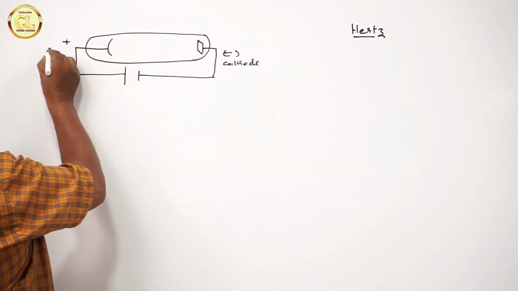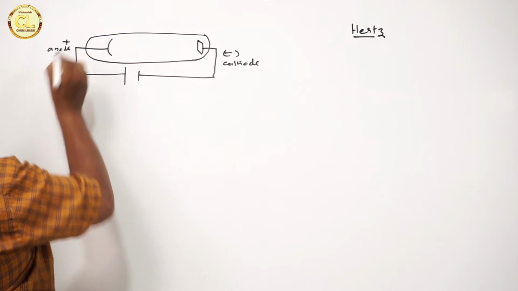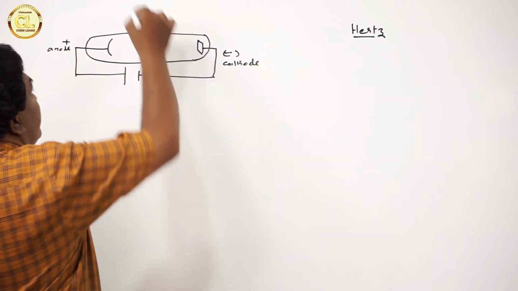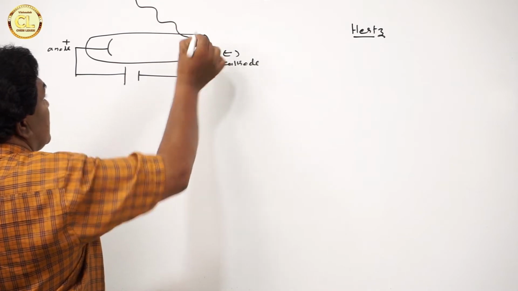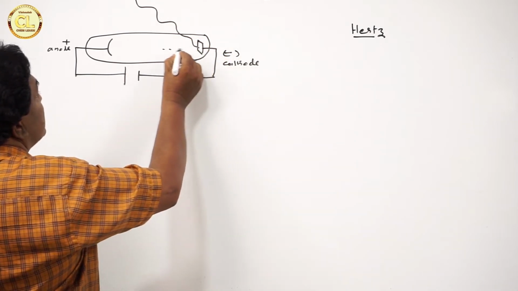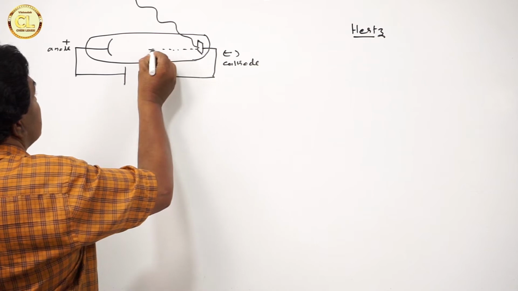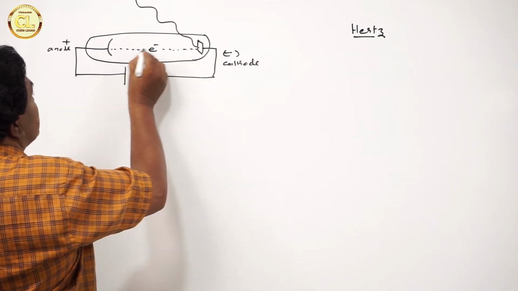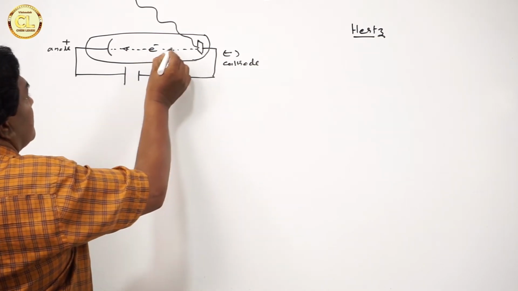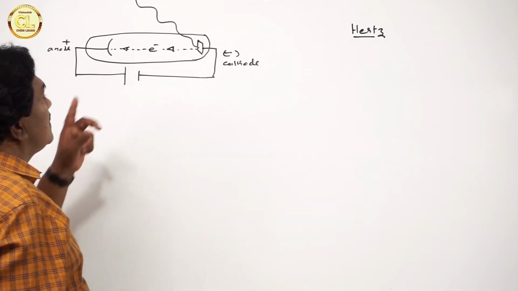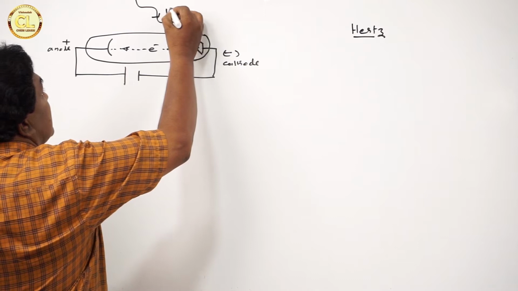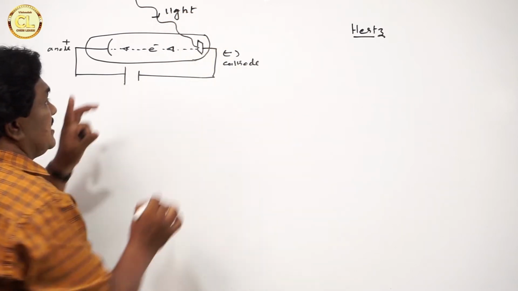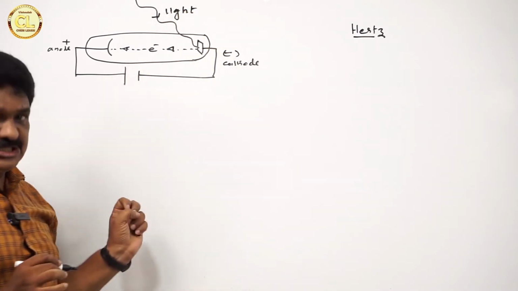This acts as anode. When light is allowed to fall on the surface of the metal, see, from the surface, electrons are ejected. This process of ejection of electrons by the incidence of light is called photoelectric effect.